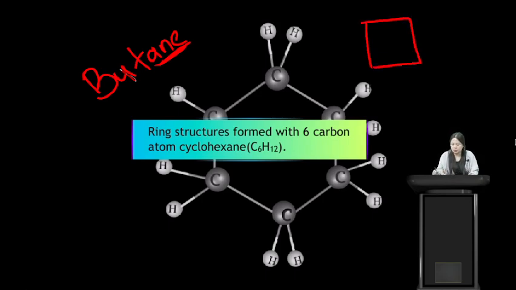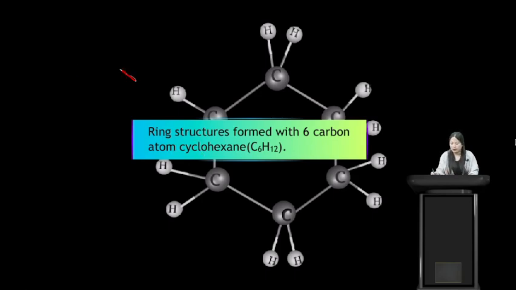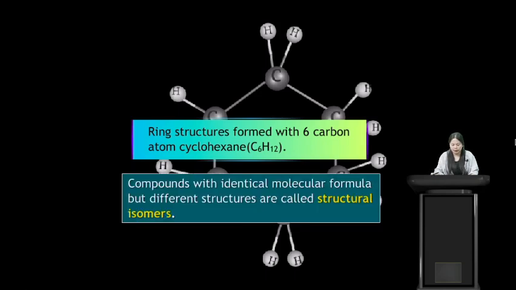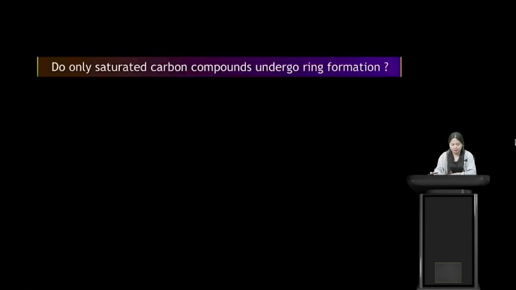If it is a ring structure, the name becomes cyclobutane. So this cyclo will come in if it forms a ring structure. Compounds with identical molecular formula but different structures are called structural isomers.